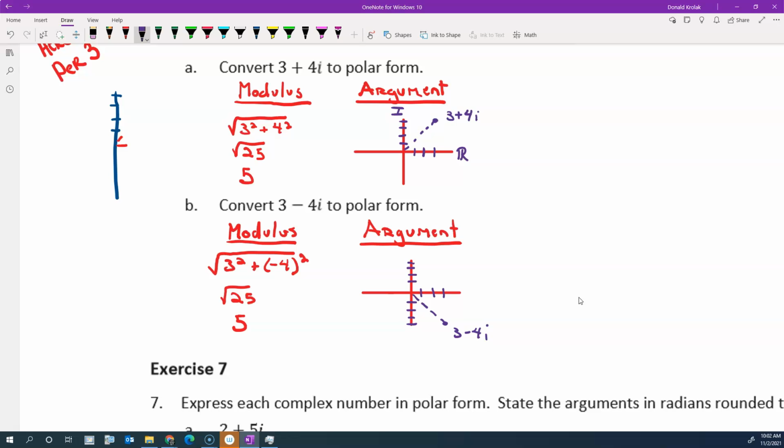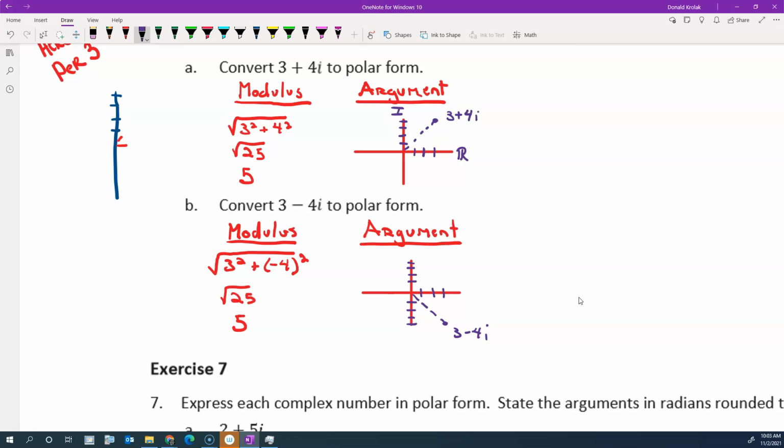So you don't have to do any special thinking when you're doing these, because the calculator is going to give you the answer that you're looking for. It's when the angle that you're looking for is over here or here that you got to take what the calculator gives you and then do a little bit of figuring to get where the angles are. But we don't have to worry about it because it's in the first and the fourth, and your calculator gives you the answers for the first and the fourth.